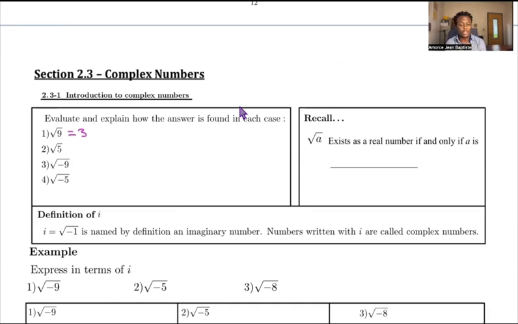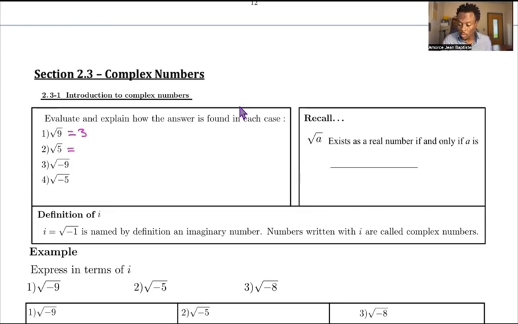How about the square root of 5? Well, there's no such number that you can multiply by itself. I mean, integer. There's no such natural number to multiply by itself to give you 5. So square root of 5, you're going to need to use your graphing calculator and approximate this number.